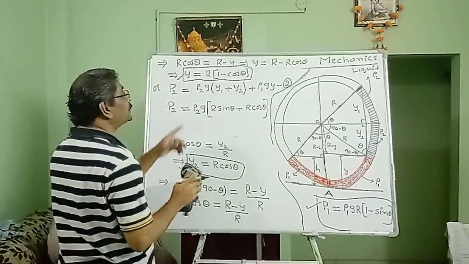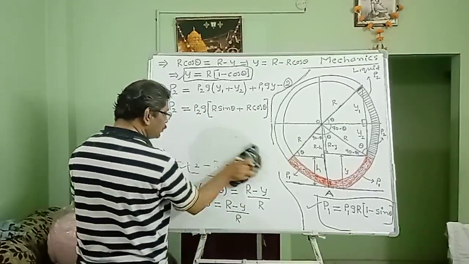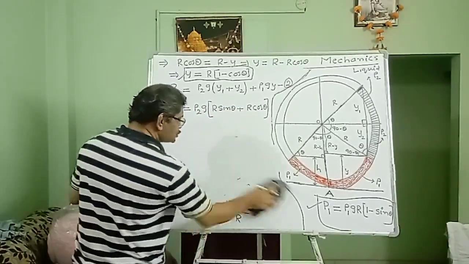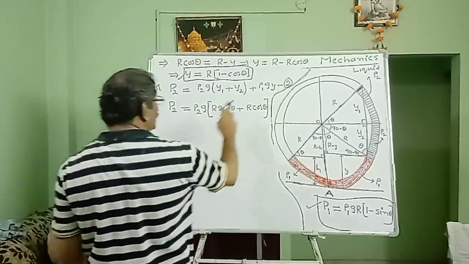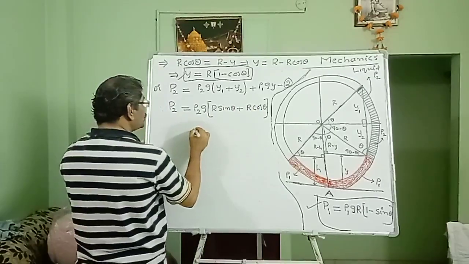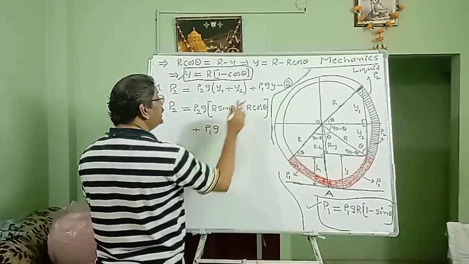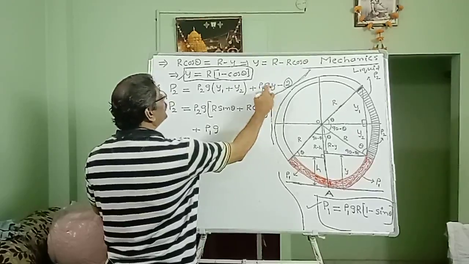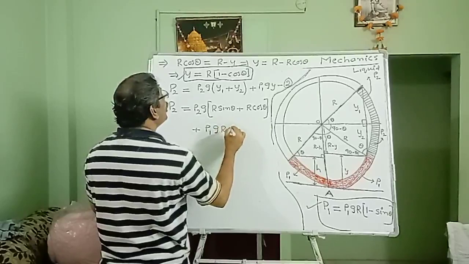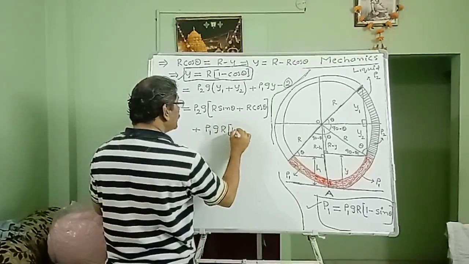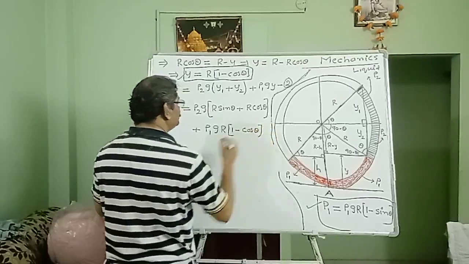Plus the third term, plus rho 1 g multiplied by y, that will be given by r multiplied by 1 minus cos theta.